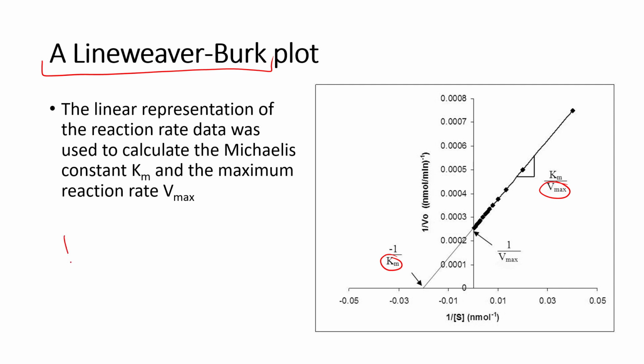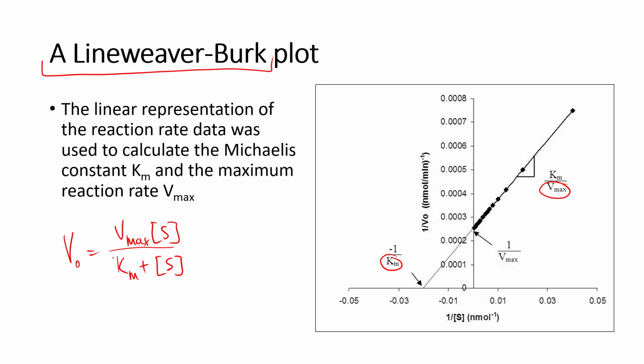We have the usual formula: the rate of the reaction at any given time, V0, is equal to Vmax times the concentration of the substrate divided by the Michaelis constant plus the concentration of the substrate.